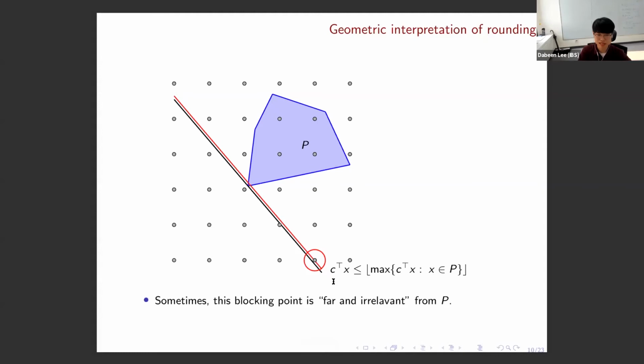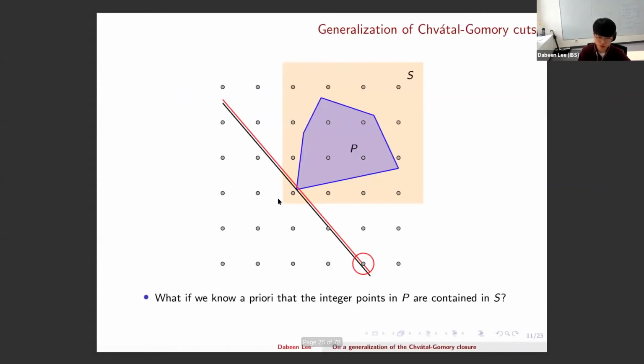But sometimes this blocking integer point is far and irrelevant from your polyhedron P. What if you know that the set of feasible integer solutions is contained in a smaller set S? Maybe for combinatorial problems, you know that the integer variables take only binary values.